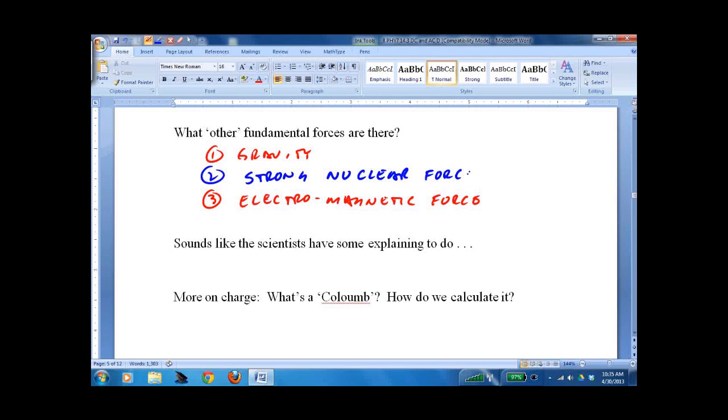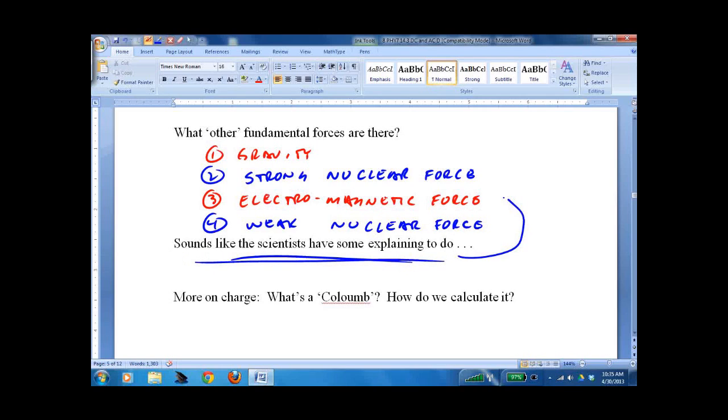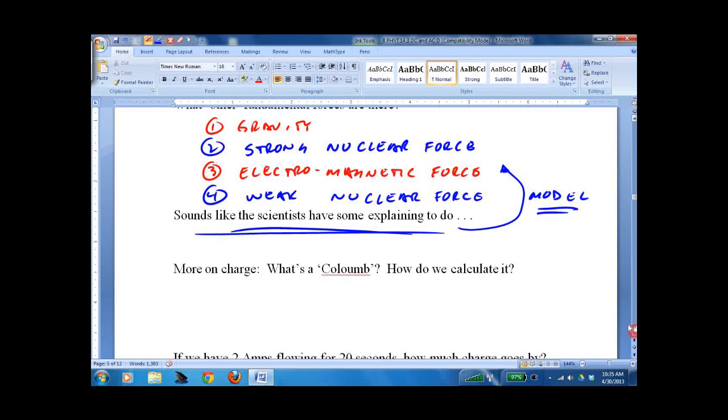And then there's, of course, because we have a strong one, we have to have a weak nuclear force. What this is, sometimes nuclei break down just naturally. They just start falling to pieces. So they overpower the strong nuclear force, I guess. And like I said, this is nonsense. It's just a model. Hence the reason we start the year talking about models and theories and scientific laws and stuff like that. That's their model, and it works. It works very well. It explains everything. It just seems a little odd. So not everything in the universe has to make sense.